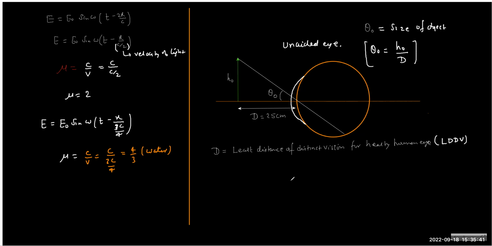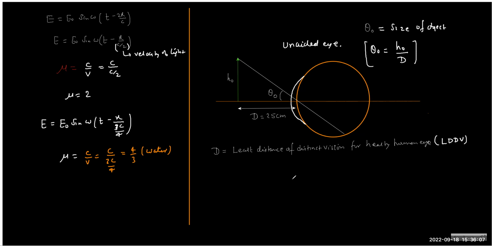Our goal is to create an angle more than theta naught. And whatever we create should not bring our image, or you can say object, closer than the D value. So we always want D or more than D in the worst case scenario, and theta is still bigger.